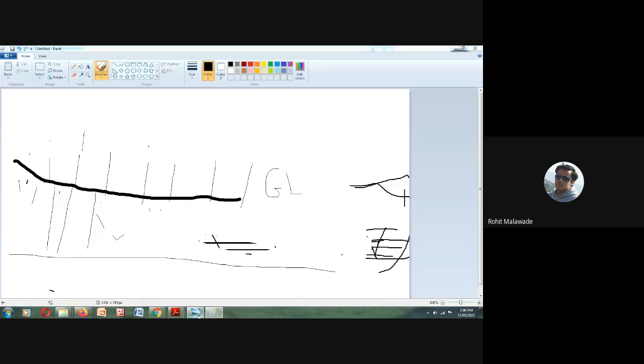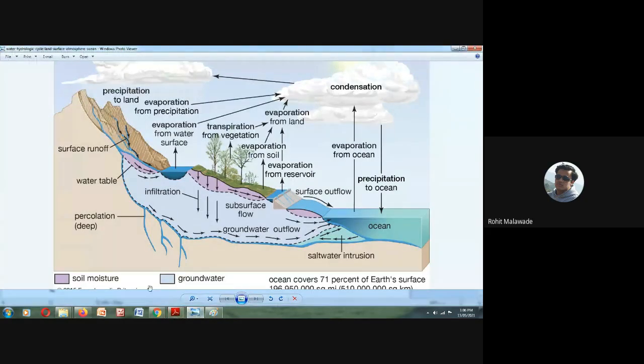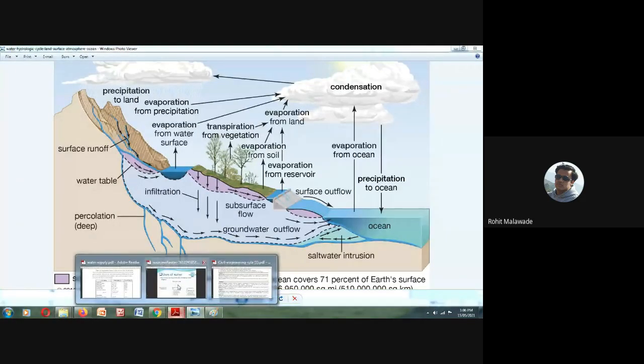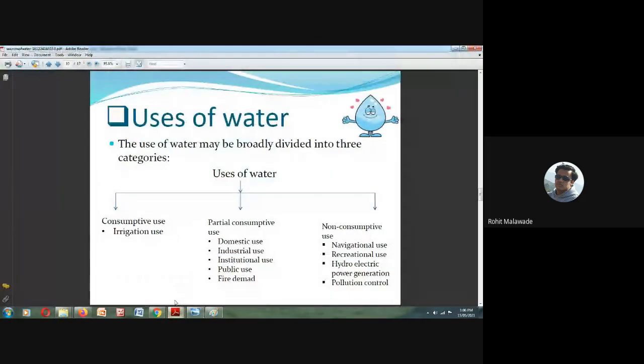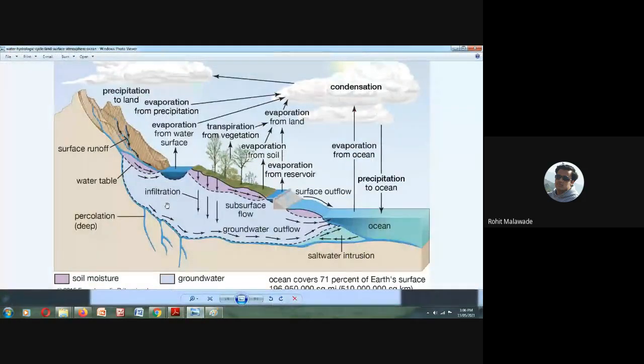So the groundwater, if you drink it, will have some taste. The taste is due to those salts and minerals. Why does it have some taste? Because while it is percolating from your ground surface, it is in contact with the soil, which is enriched with various quantities of salts and minerals.